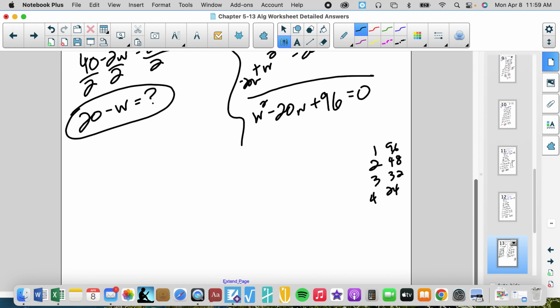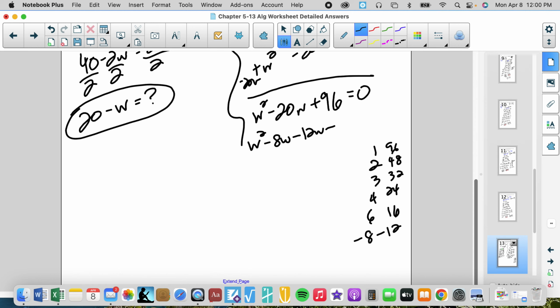That was tricky. 5, no, 6, no. Yes, 6 and 16. That doesn't. 7, 8, yes, 8 and 12. There they are. Signs are both negative. That gives us our -20. So that was a little tricky. That was a good one.